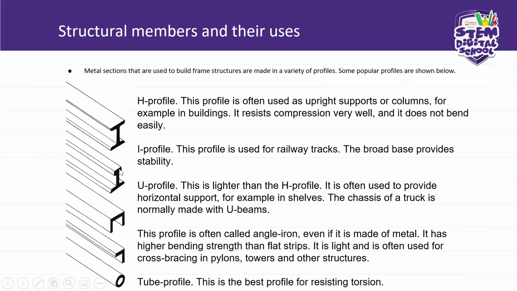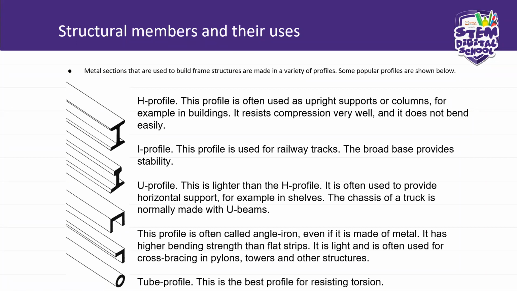I said this one, the H girder. I confused the H girder and the I girder. And when I looked closely at these girders, I realized that I made a mistake. This one doesn't make the railway track, as I said yesterday.